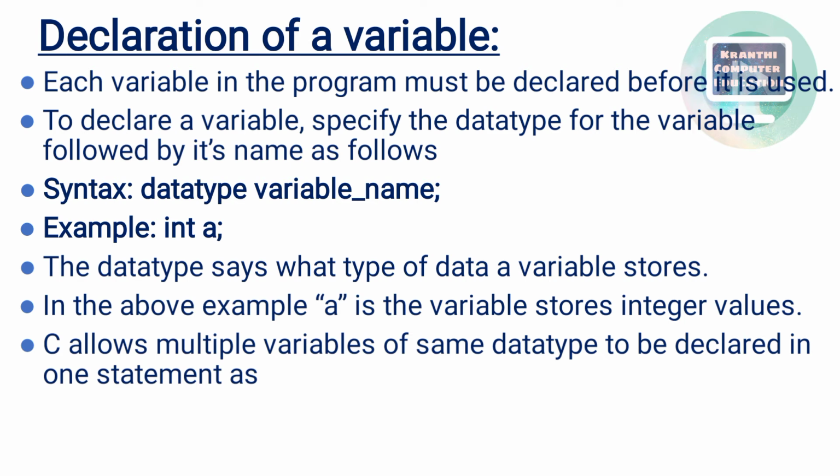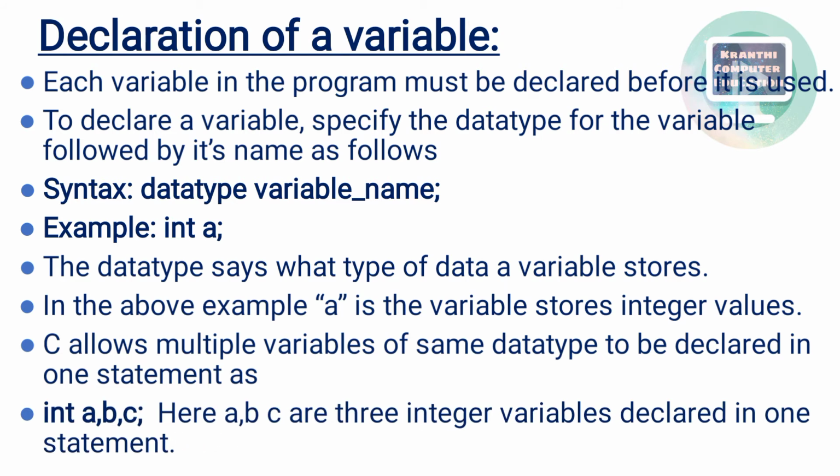C allows multiple variables of the same data type to be declared in one statement: int a, b, c; Here a, b, c are three variables belonging to the integer data type. These variables are used to store integer values, and all three are declared in only one line statement.